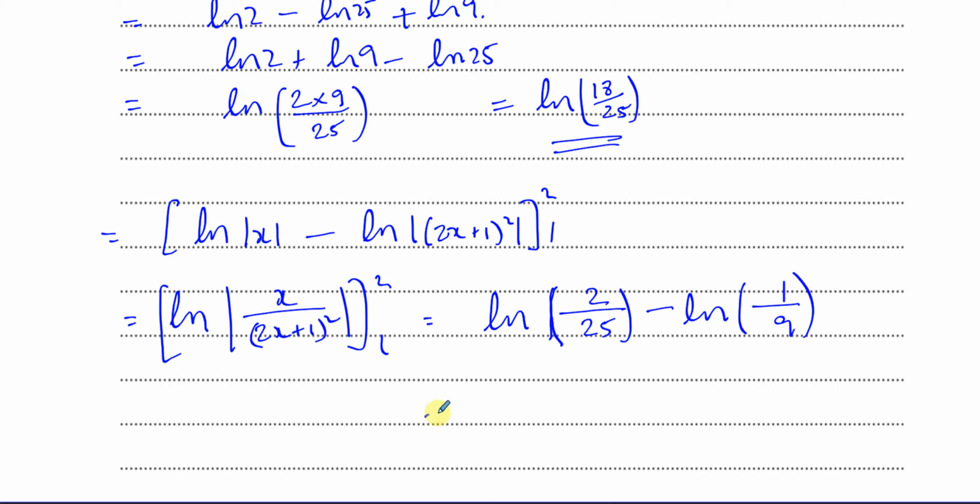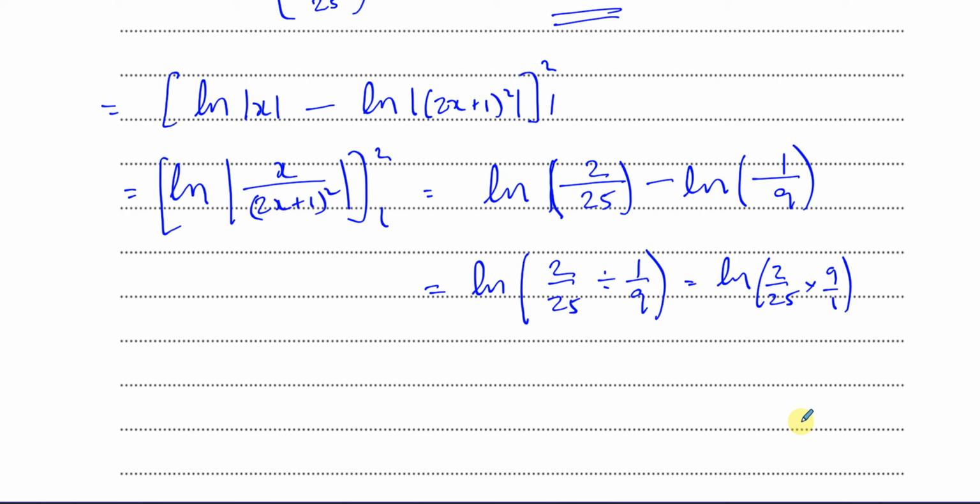Okay, so we can combine these into one statement. That's going to be the ln of 2 over 25 divided by 1 over 9, sorry. Just combine them into one statement. And that's going to be 2 over 25 times 9 over 1, which gives you ln of 18 over 25, which is, of course, the same answer.